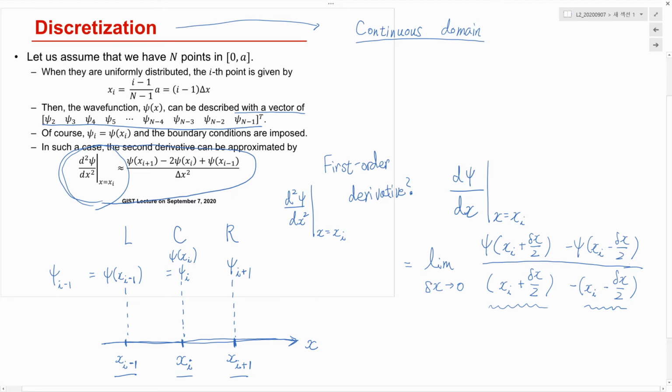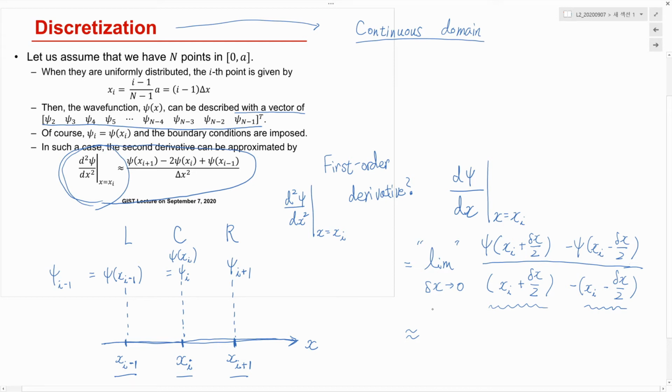You know that in an analytic method, we can easily take this limiting case, but in the case of our discretized system, we cannot take it because we have limited resolution in real space x. So then how can we proceed? In this case, we introduce a certain limitation about our resolution. We cannot take the limit delta x approaching 0.